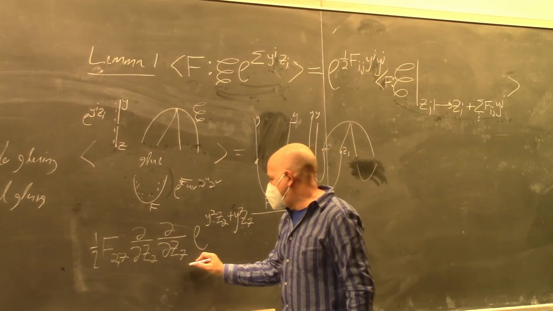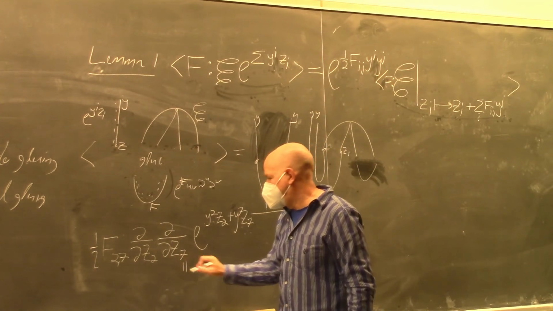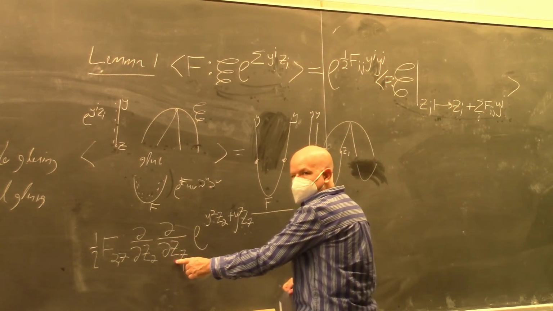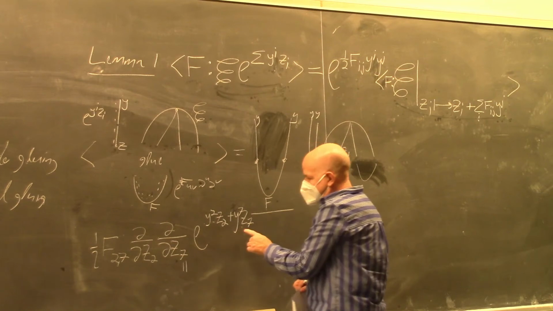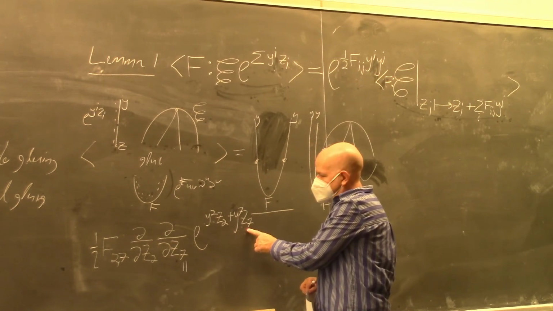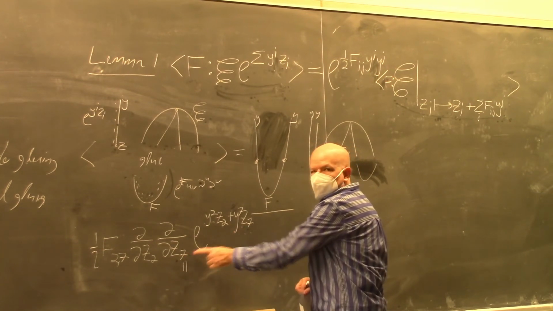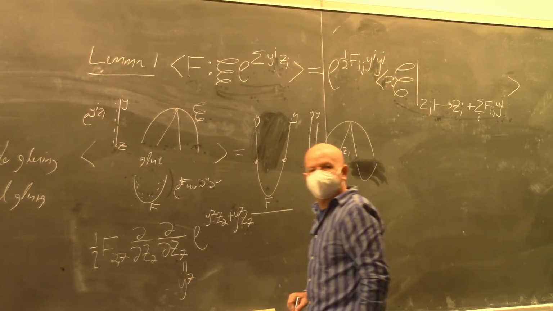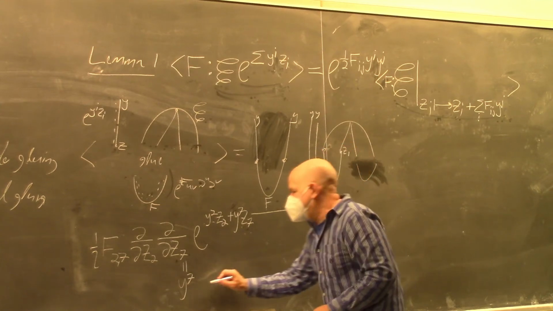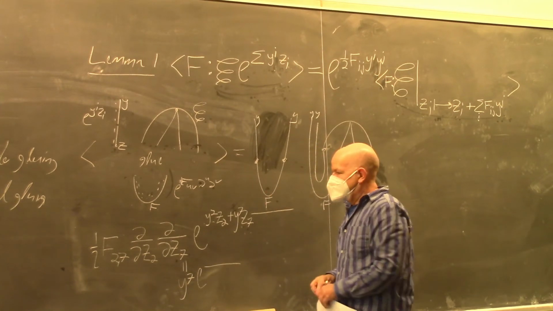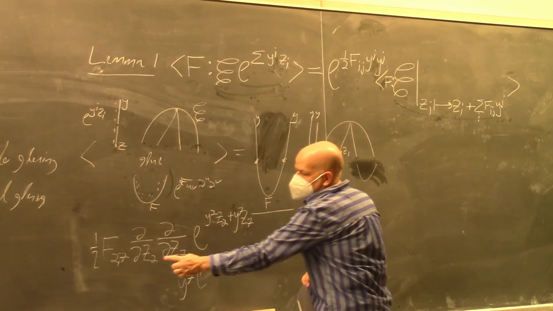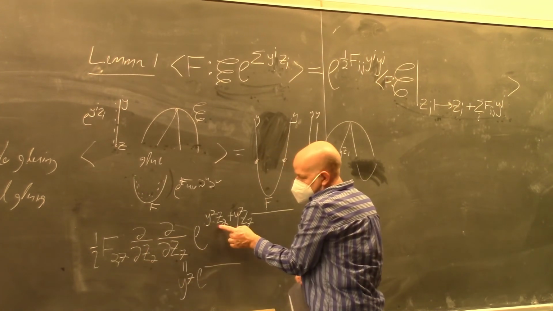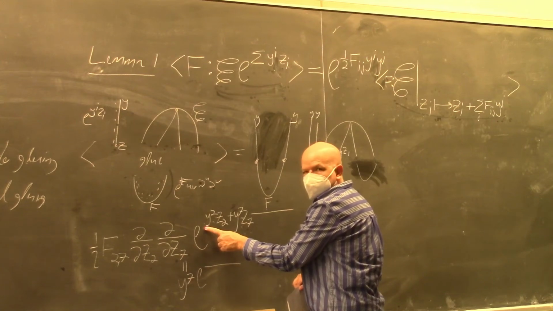So what's this equal to? The d/dz7 acts on the z7, and the coefficient y7 drops out. So you get y7 times the same exponential. And then you differentiate with respect to z2. So this pulls down a y2.